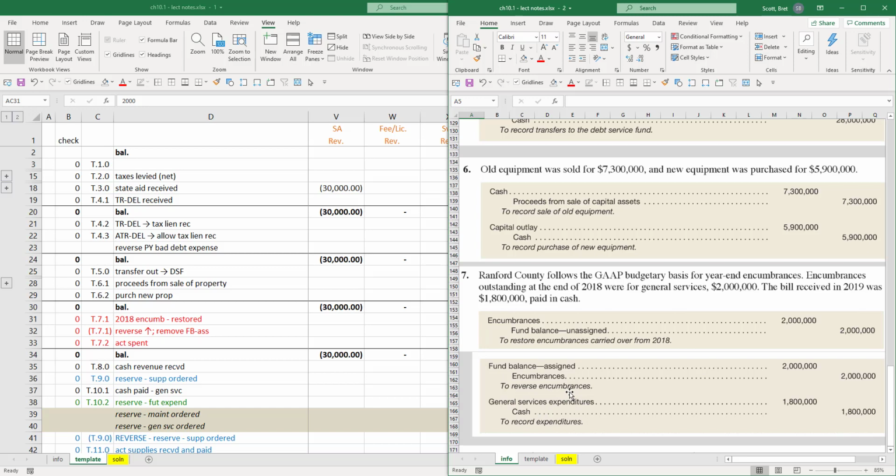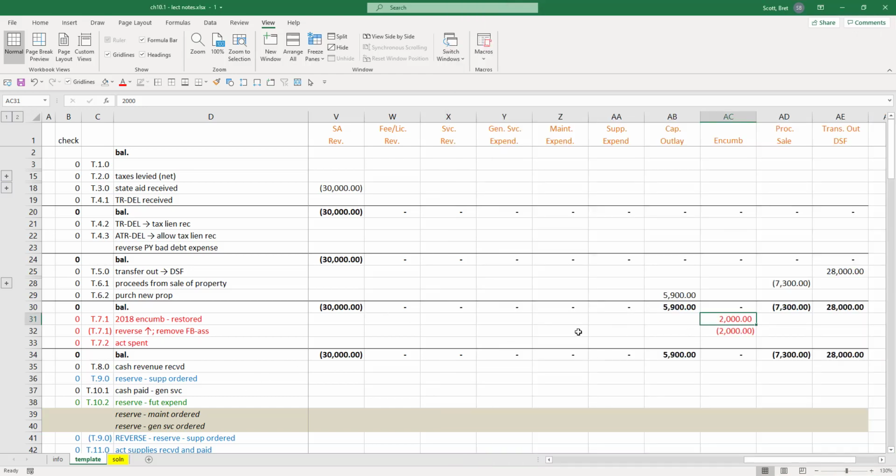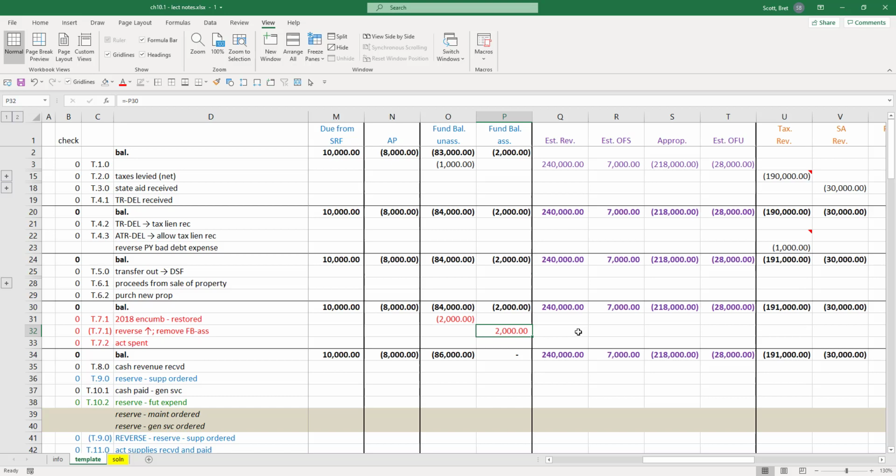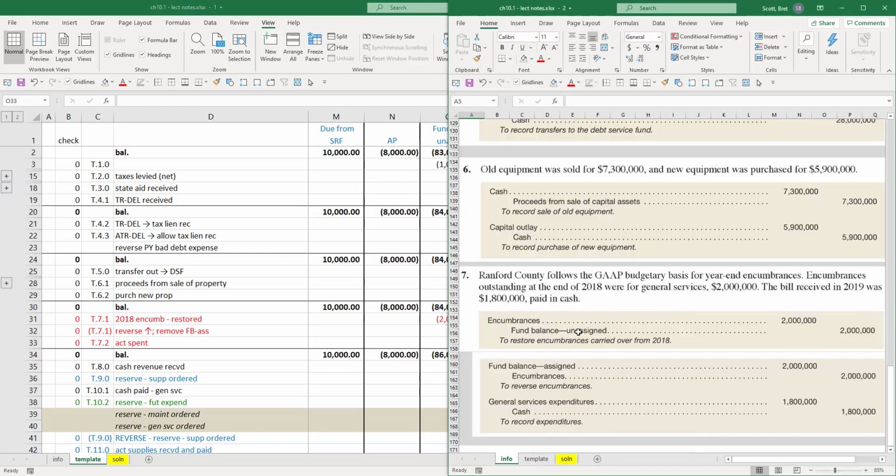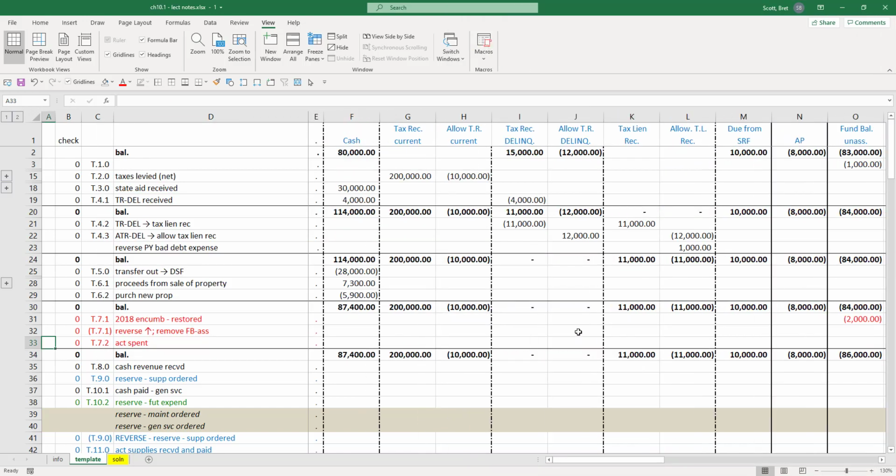It seems kind of complicated, but you'll see how we use encumbrances down below. Go back and review this and make sure that you understand why this process is necessary. So quick in and out to the encumbrances. We're transferring from the assigned fund balance to the unassigned fund balance. But we're not quite done yet. We actually spent money for these services. So what we're going to do is credit cash for how much.